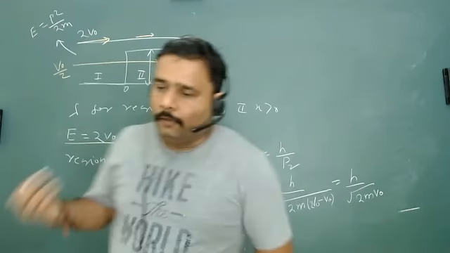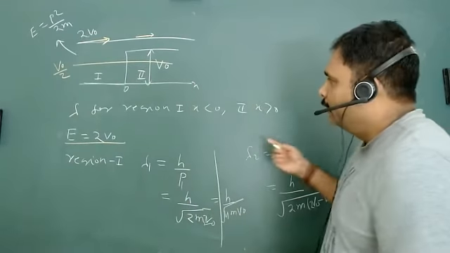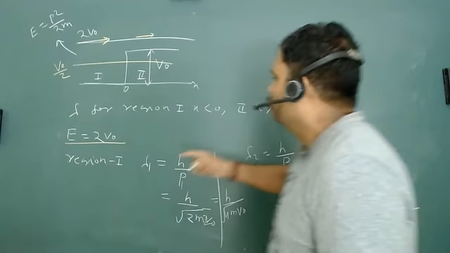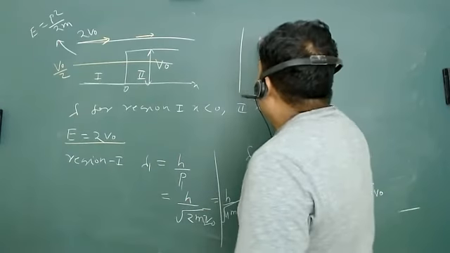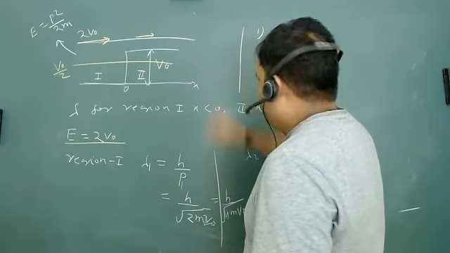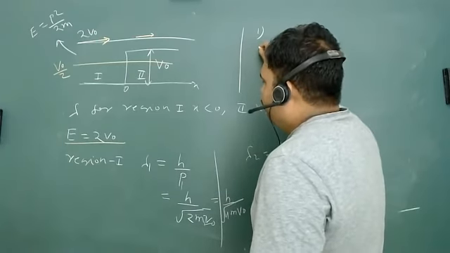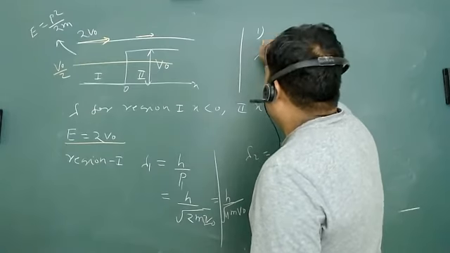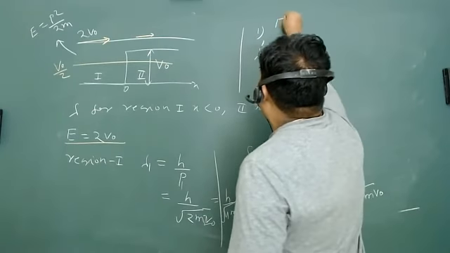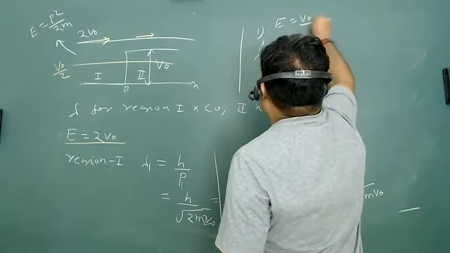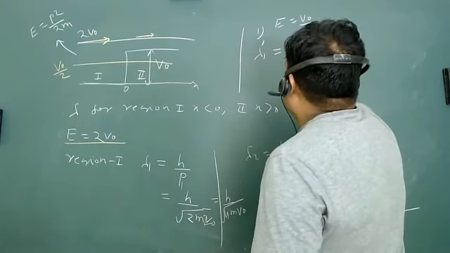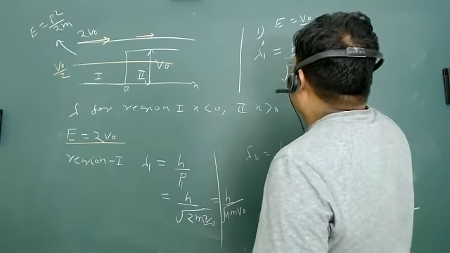Let's try to go for the case when energy is v naught by 2, and this is very interesting. In region 1, we can find lambda 1 dash, and this is for energy equal to v naught by 2. We can again find lambda equal to h by p.